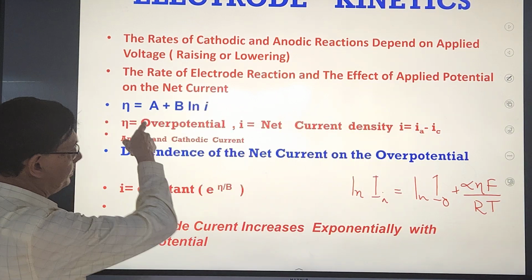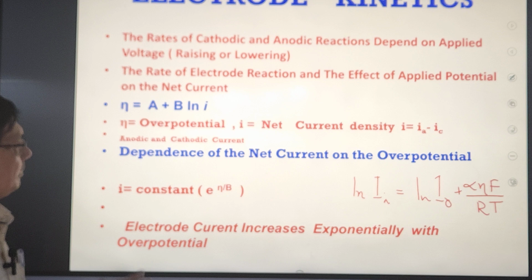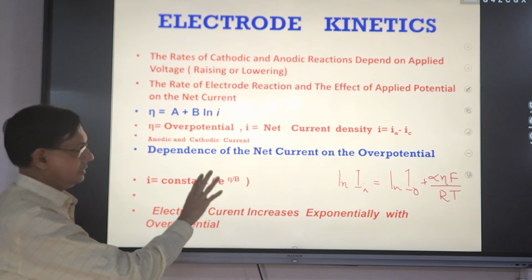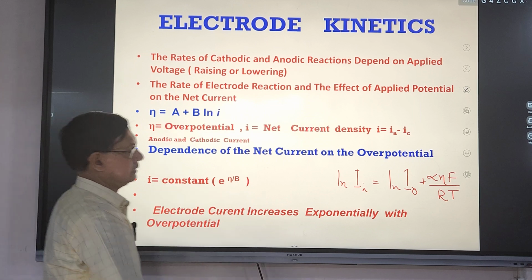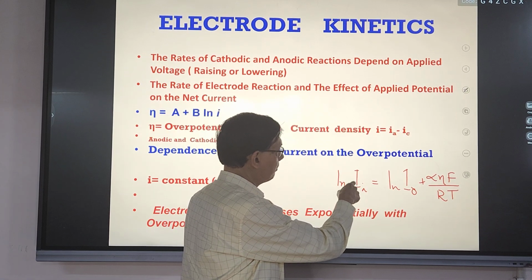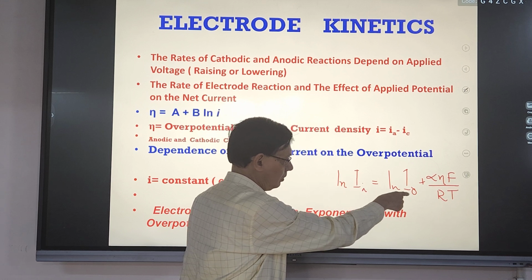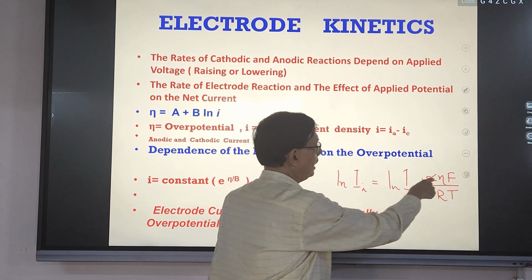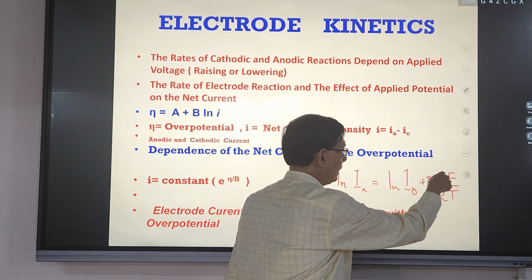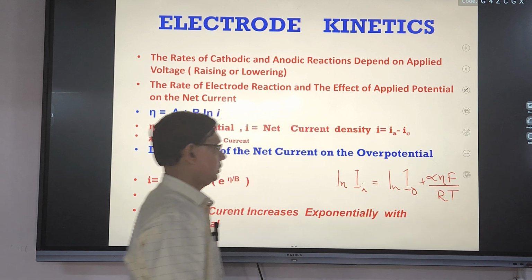But here if I slightly modify that equation, there is no difference between this and this. I can write natural log of I minus natural log of I0, the exchange current density, is equal to alpha nF eta over RT, and from that also I can determine the eta.